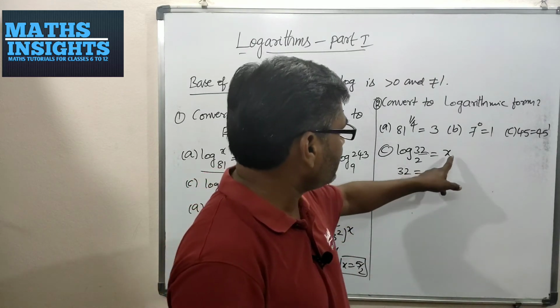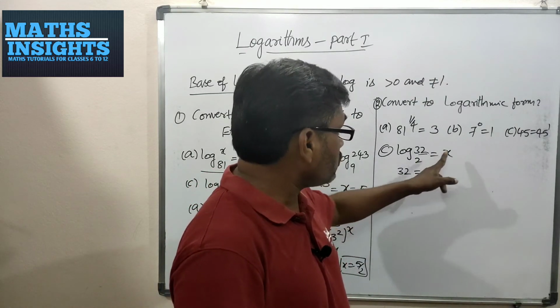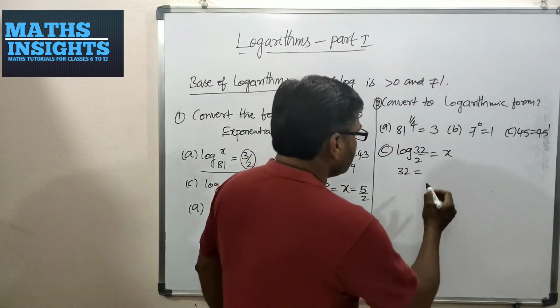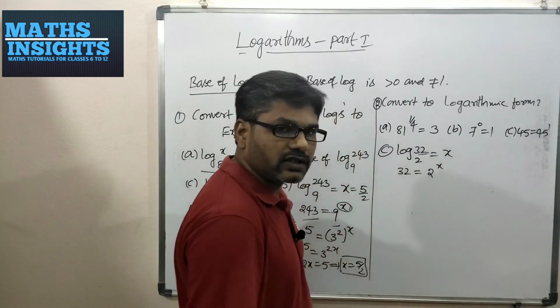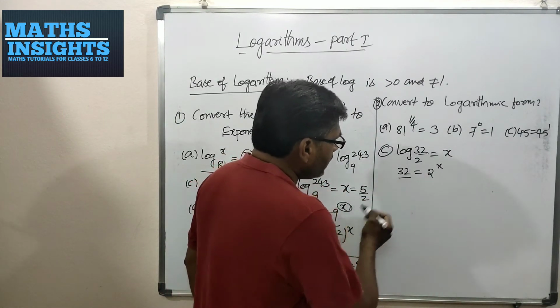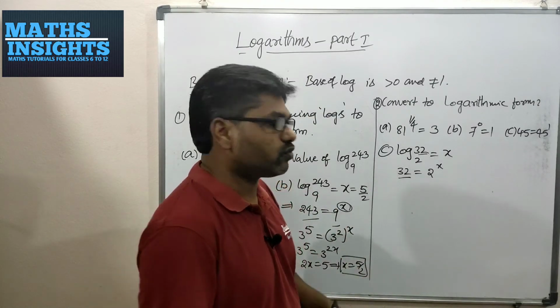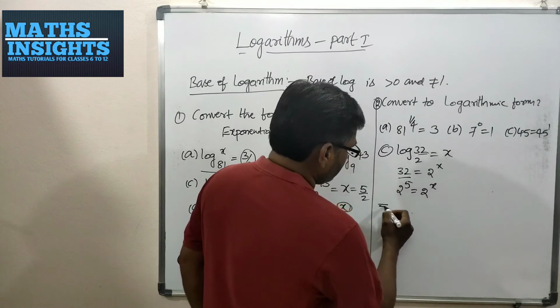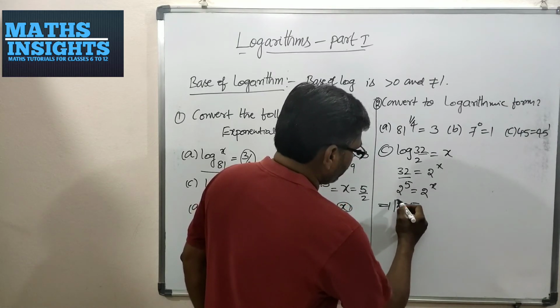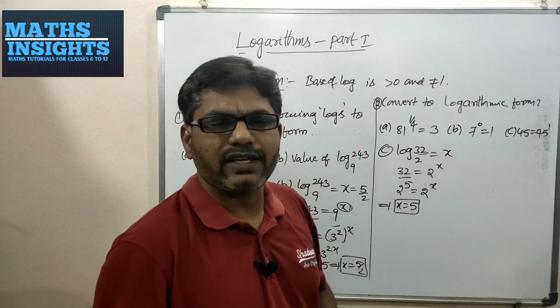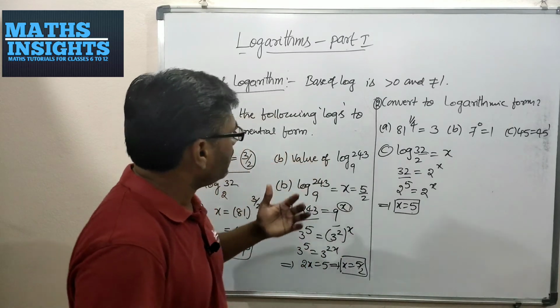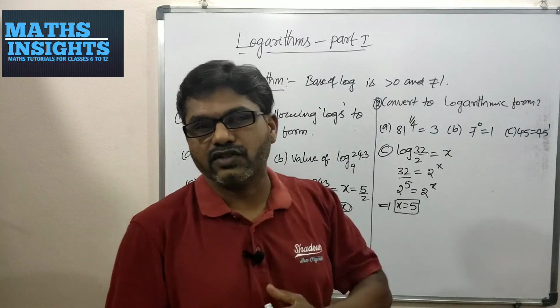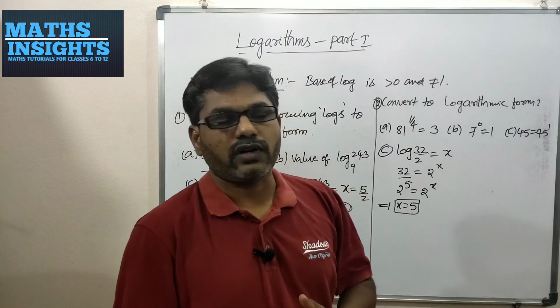When you are raising 2 to the power x. Now I will write 32 using my base 2. 2 power 5 is equal to 2 power x, therefore x is equal to 5. So it is very easy. In all cases your base must be greater than 0 and not equal to 1.